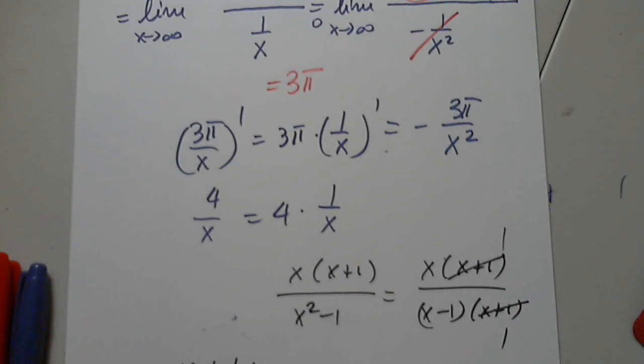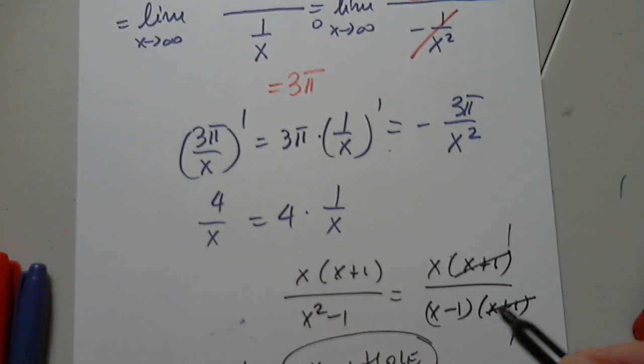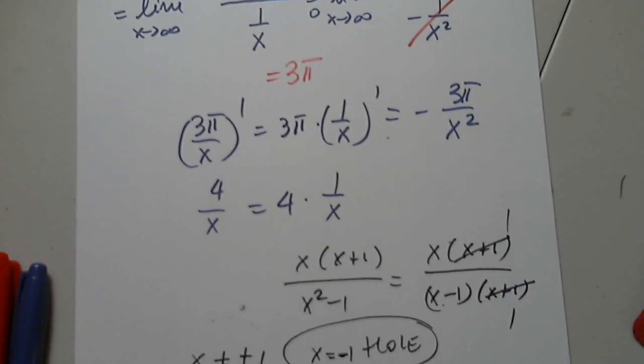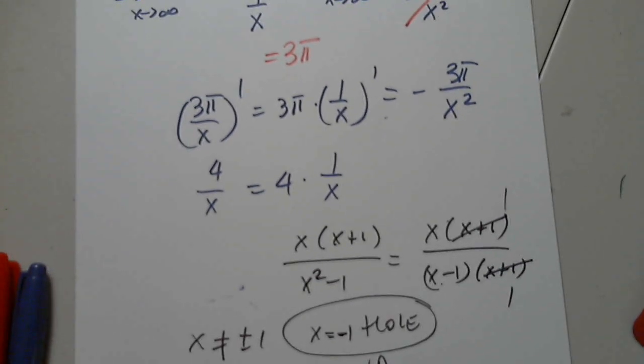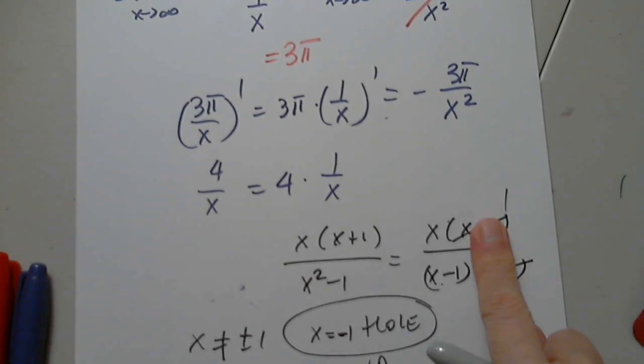So x equals -1 becomes a hole because the factor disappeared. But x equals 1 stays, so that must be a vertical asymptote. If the factor stays, it's a vertical asymptote. If that factor goes away, the function is still undefined there.